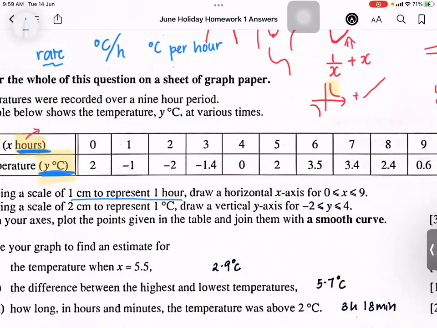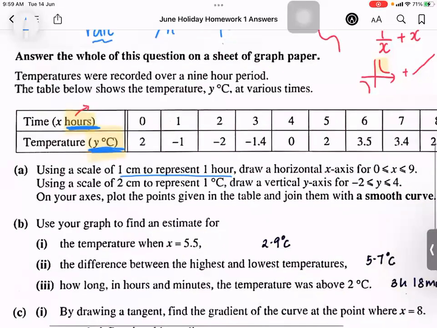So you may find it even more difficult to see, and the units themselves may also be a bit difficult to read. But if it's in paper one, they may draw the axis for you, so you fill in the units accordingly. So please do check 1 cm to represent 1 hour, not 2 cm, 1 cm.